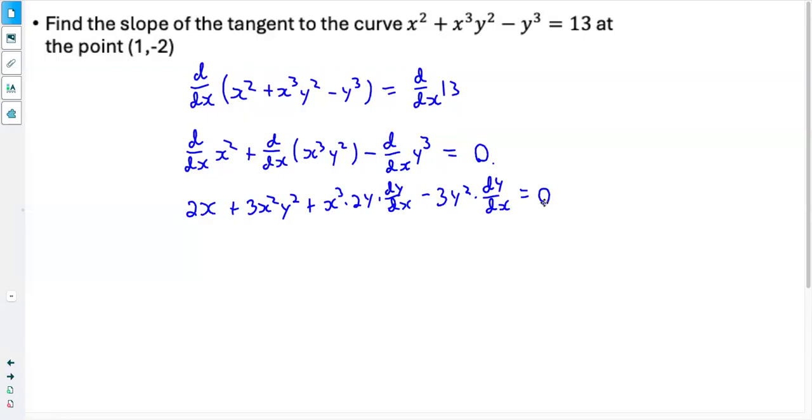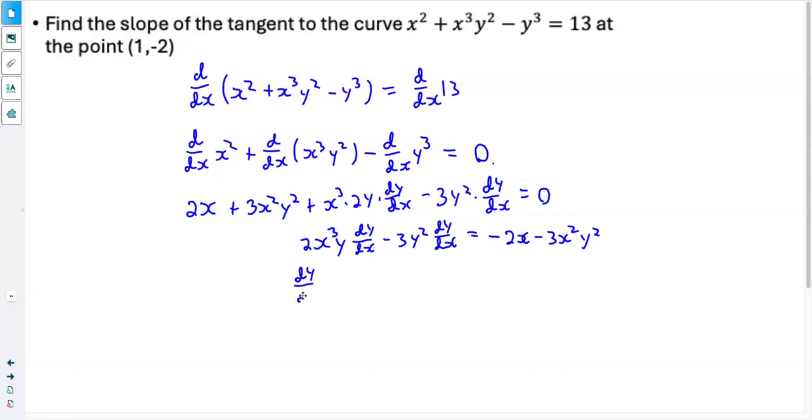So once again, I'll move the terms that don't have dy dx to the other side. So we've got 2x cubed y dy dx minus 3y squared dy dx equals negative 2x minus 3x squared y squared. We'll factor out the dy dx.